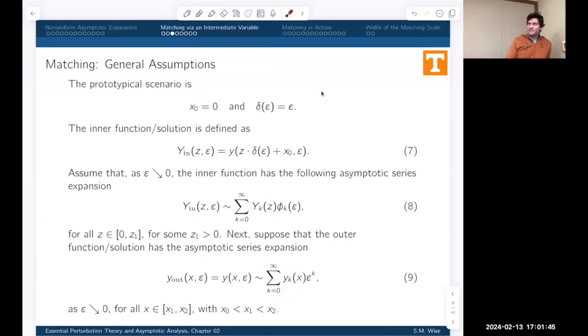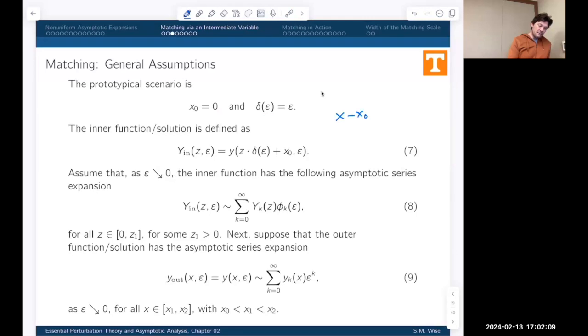So here's the prototype scenario that we dealt with earlier. X naught was 0, right? And delta of epsilon was just epsilon. The inner function solution is defined as you just replace the x variable with the representation in the z variable.